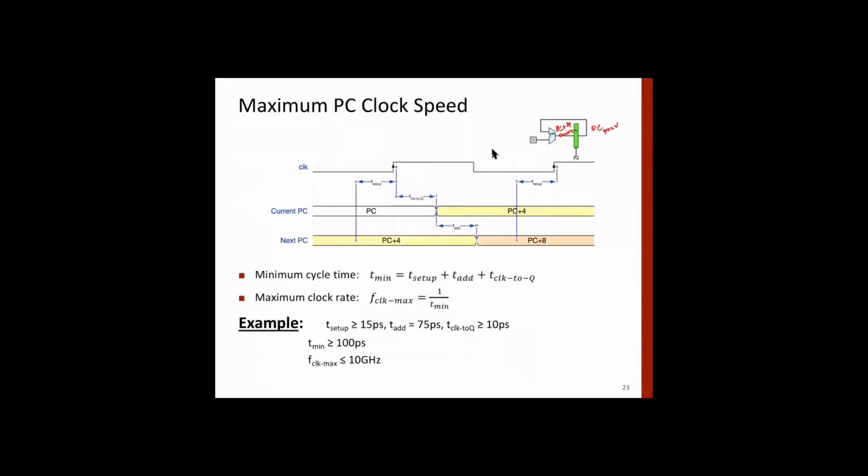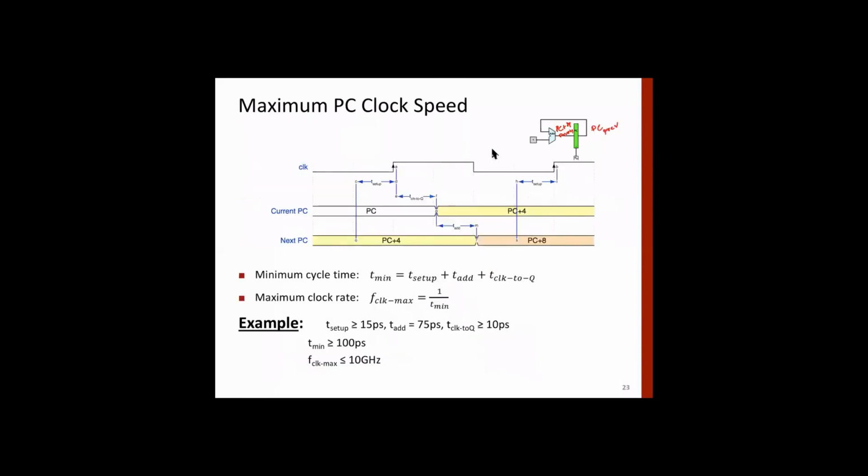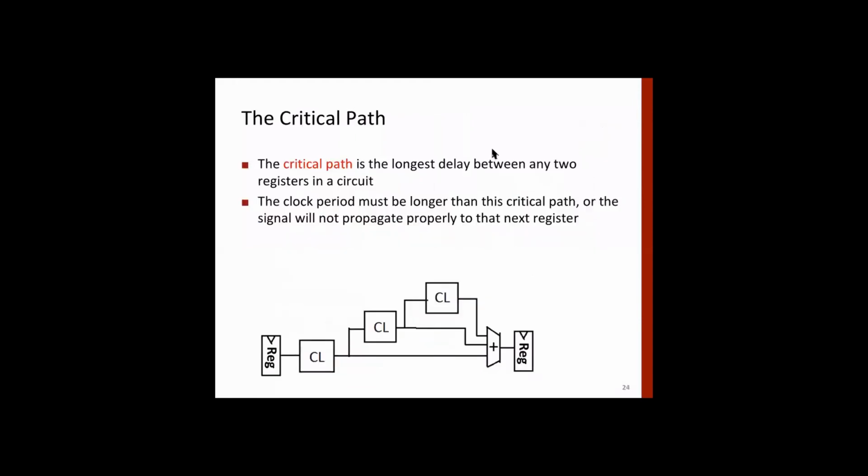Now note that what's dominating is this number here, right? The combination logic delay. If the data path has this combination of sequential circuits and registers and so on, then we'll have to look at what is causing the maximum delay between two registers, right?